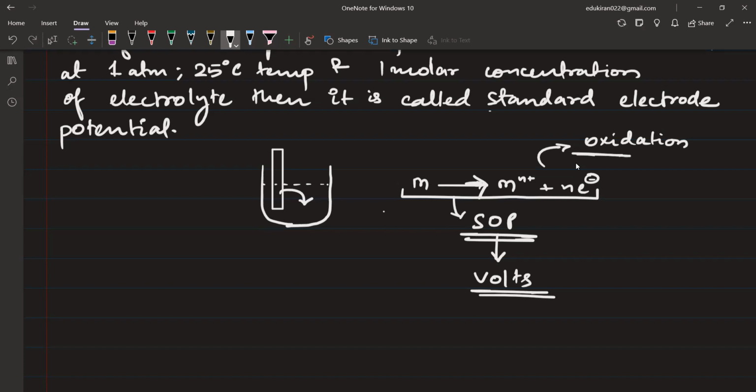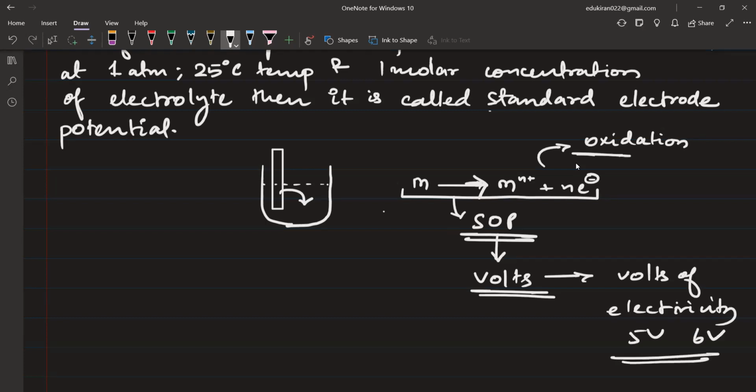Correct? If this reaction is spontaneous, we are going to get electricity, that means we are going to get some volts of electricity. Say, like we got 5 volts or 6 volts of electricity, okay.